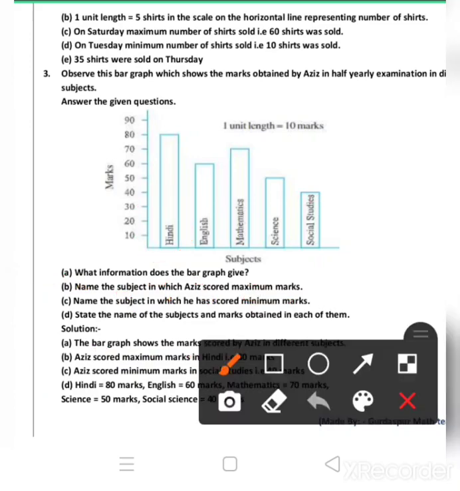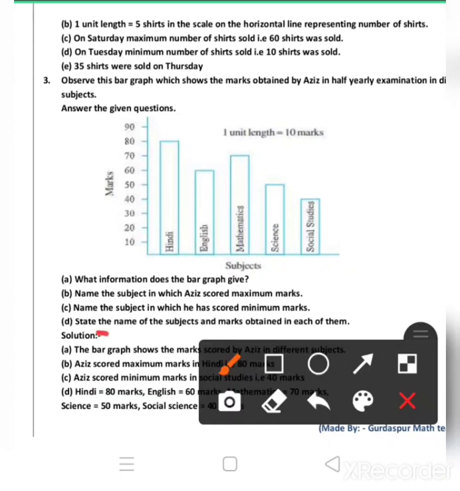In question number C, name the subject in which he has scored minimum marks. So where is the graph that is minimum? Social Studies. So Aziz scored minimum marks in Social Studies, that is 40 marks. And the last option D, state the names of the subjects and marks obtained in each of them.